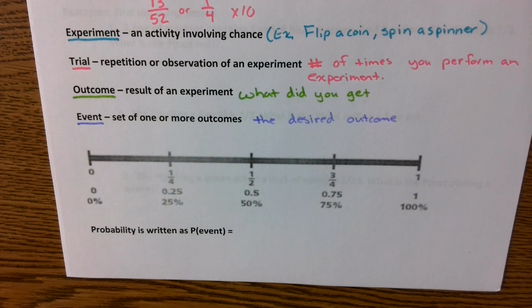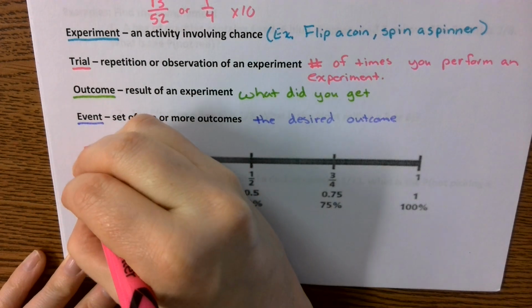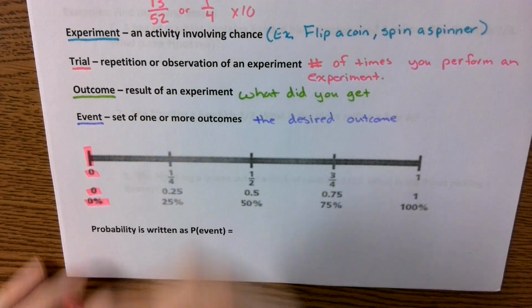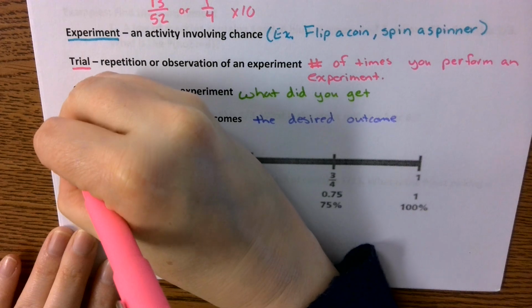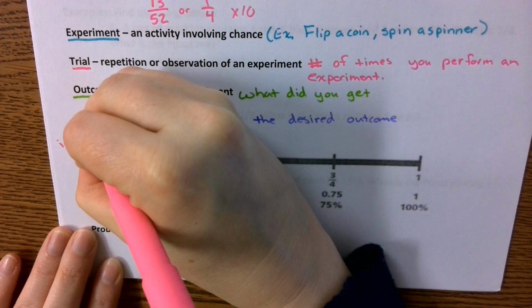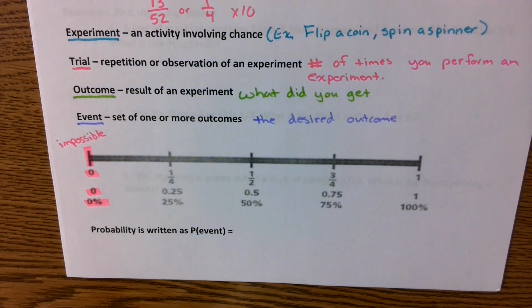Now at the very far end of the spectrum where we see 0 or 0%, we call those probabilities impossible events. No matter what, they will never be able to happen. The probability of me being able to walk out of this classroom and dive into the ocean right now is impossible because there is not an ocean right here outside of my classroom.